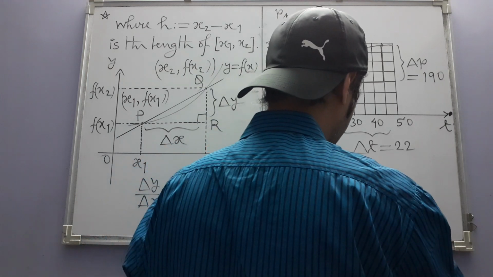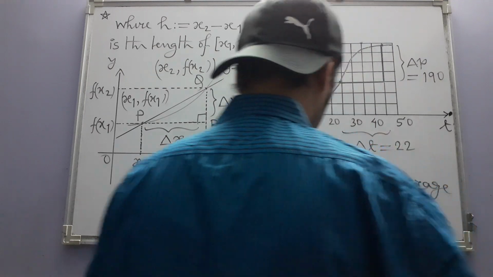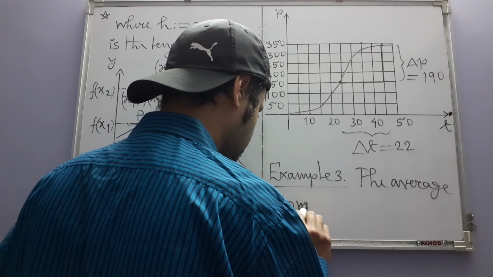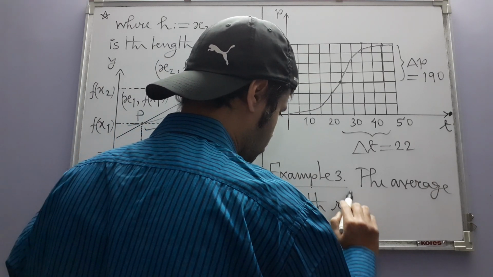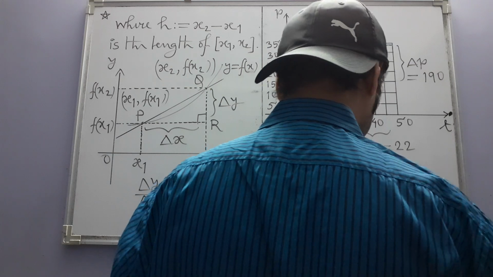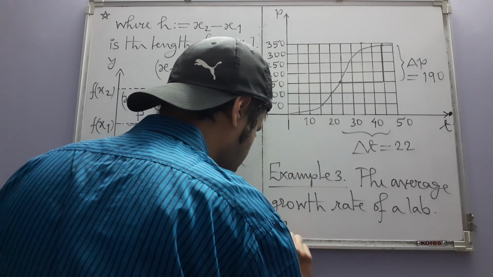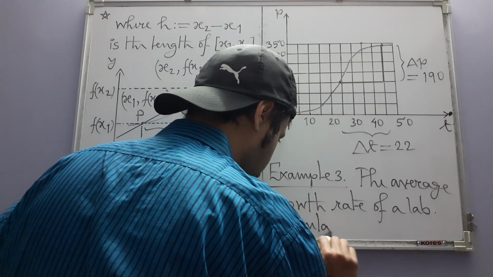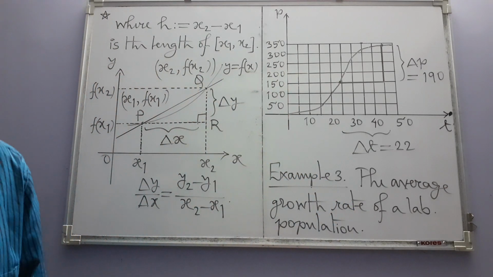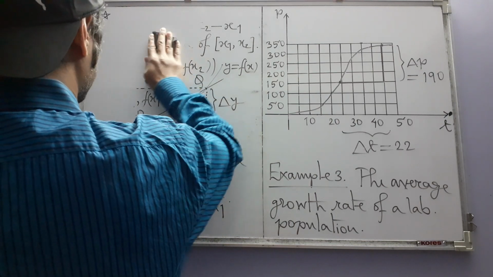So the example starts like this: the average growth rate of a laboratory population. That's sort of the heading for this example, and then what is actually written in the example is this.